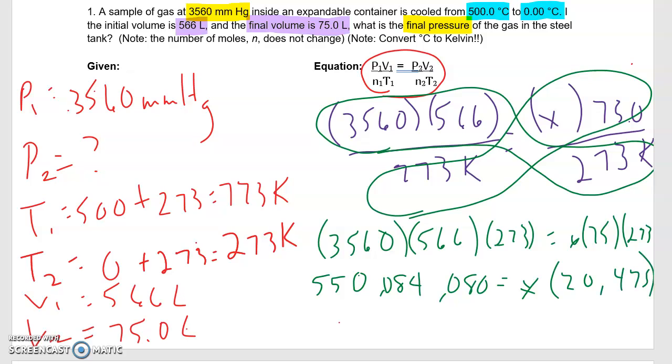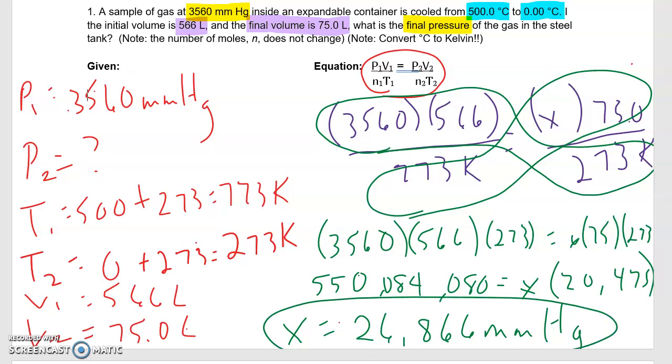Now I'm going to divide both sides by what is with the X. So I'm going to divide that big, huge number by 20,475. And I get that X equals 26,866. If I was rounding it, I would round it to 26,900. But if you wanted to leave it like that, you definitely don't need decimal numbers. Then that would be it.